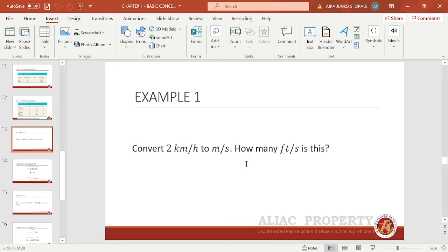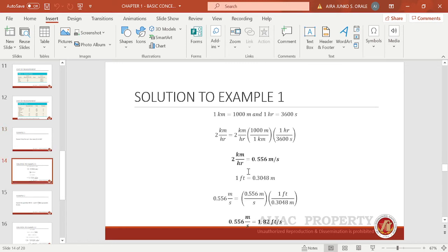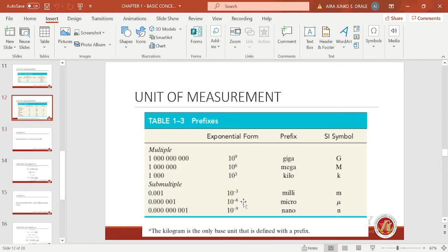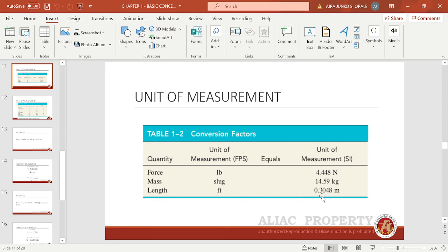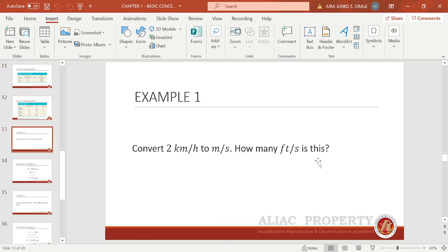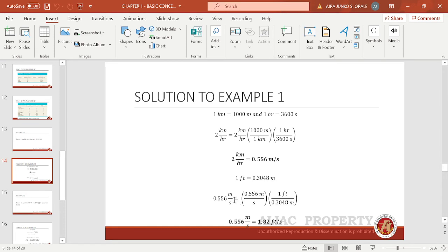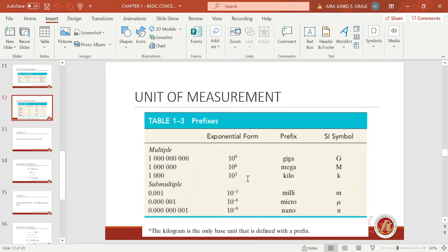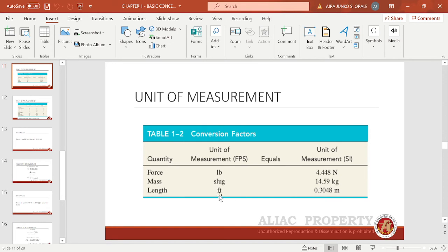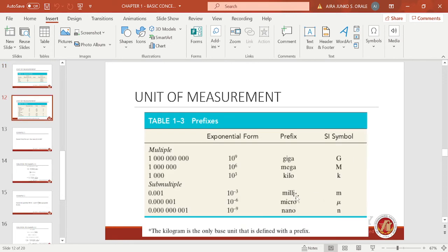The same question is asking to convert to feet per second also. For feet per second, as per the conversion rate given here, 1 foot is equal to 0.3048 meter. Since you already converted to meter per second, you can use that. If you want, you can convert directly from kilometer per hour to feet per second, but the conversion ratio given in the PowerPoint presentation is 1 foot to meter.